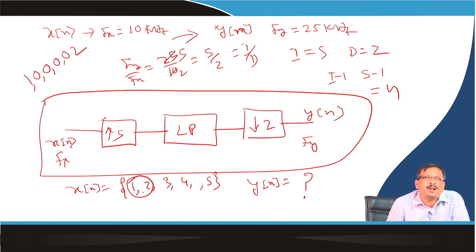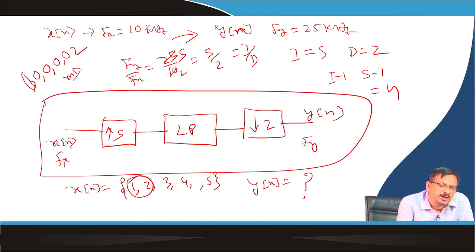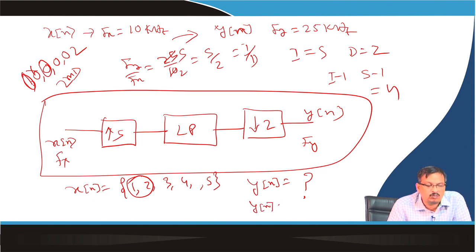Now, downsample by 2. Downsample by 2 means we take every second sample: keep this 1, skip 1. So, y of m will be 1, 0, then skip this 1, 0, then 2 will be skipped, 0 will come. So, like that.